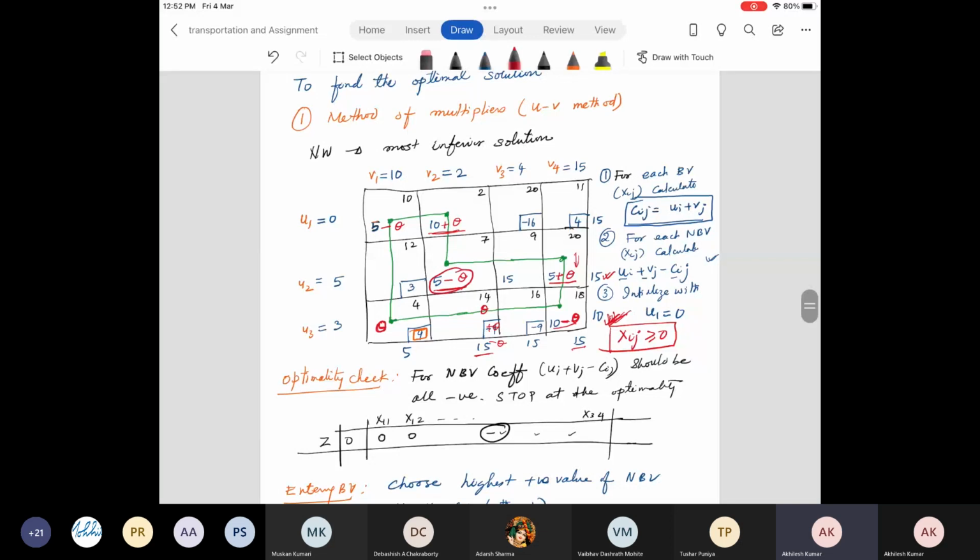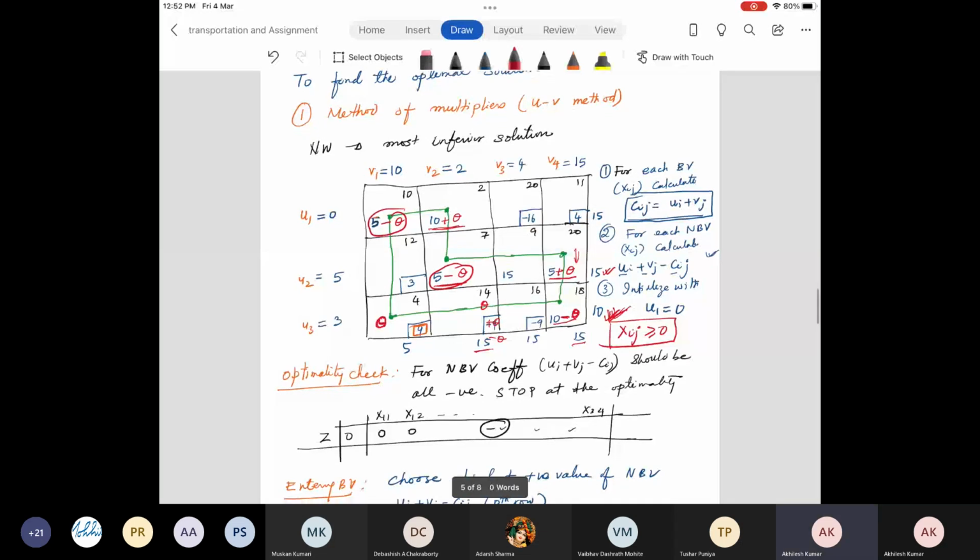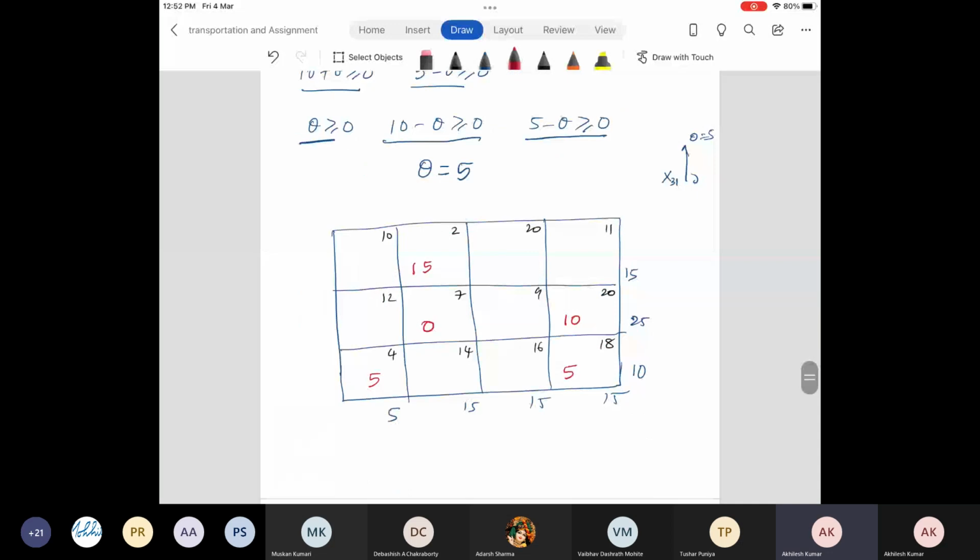So there was a tie. Both of them are becoming non-basic with a value of 0. So arbitrarily, I have chosen x11 to leave the basis, and I have kept x22 as a basic variable and assigned a value of 0. I forgot this 15 is there.